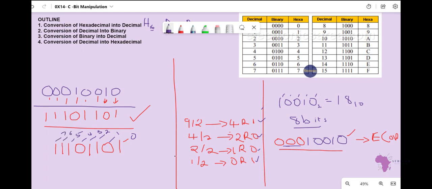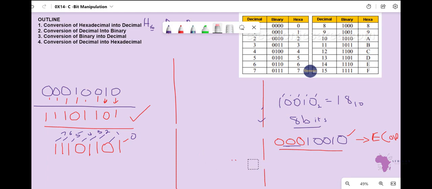Since we want to convert it into hexadecimal number, I will first convert it back to a decimal number, because that will be easy for me to convert it to hexadecimal number. How can that be possible? We multiply the number given by the base. For example, I have the first one here.